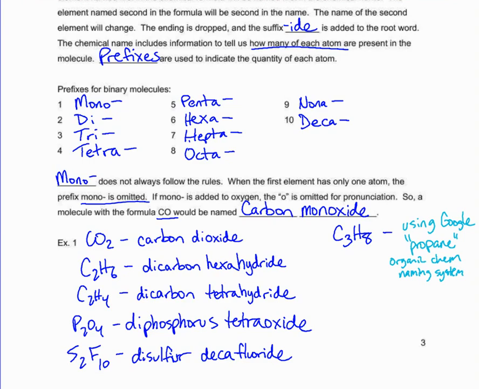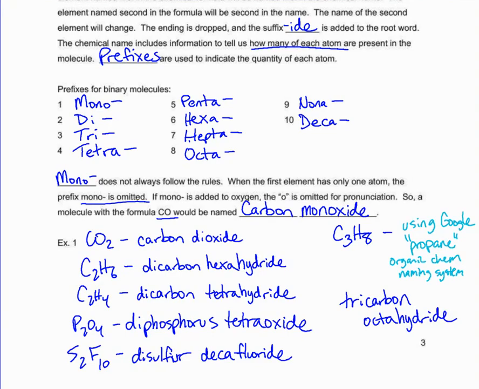So what we would call this, there is 3 carbons. So tricarbon. And there are 8 of these hydrogens. So we would call it tricarbon octahydride.